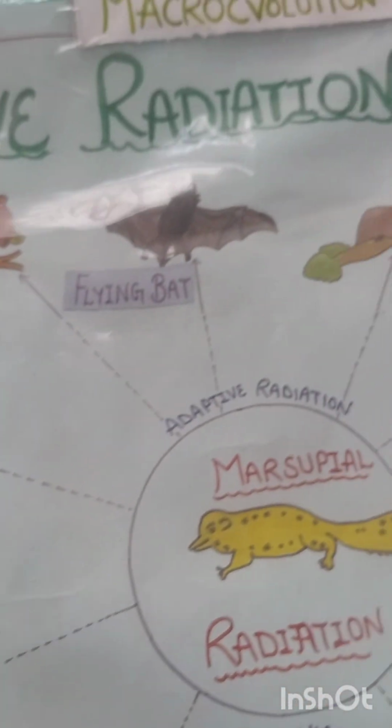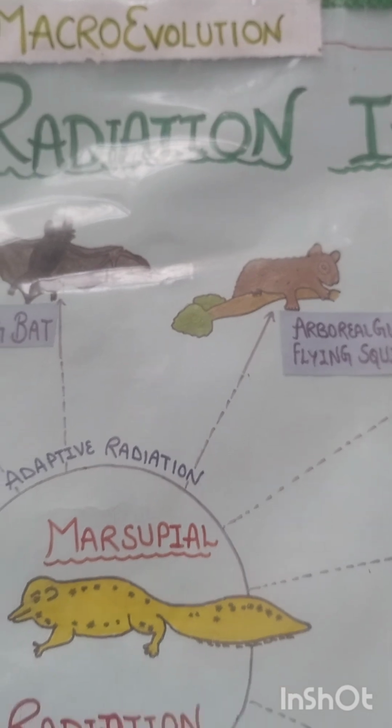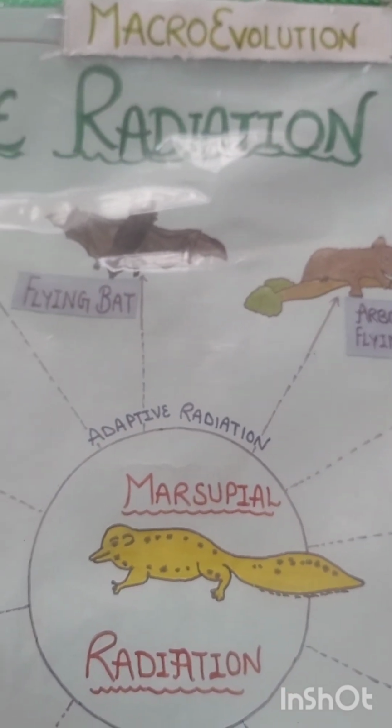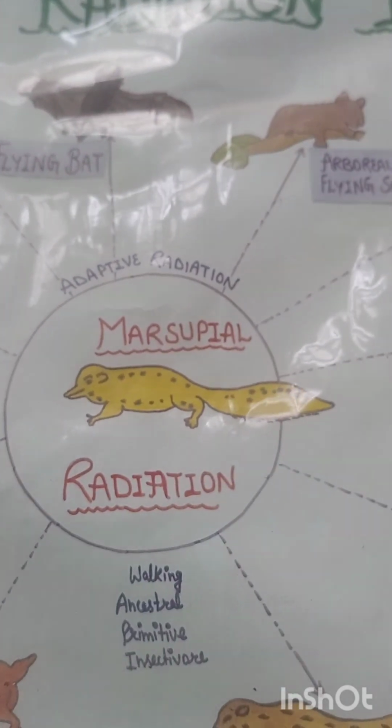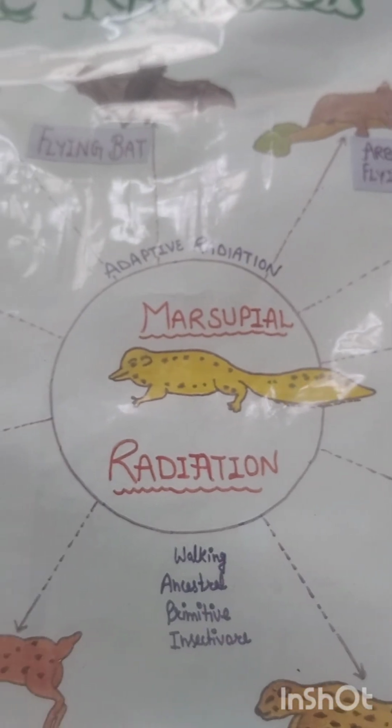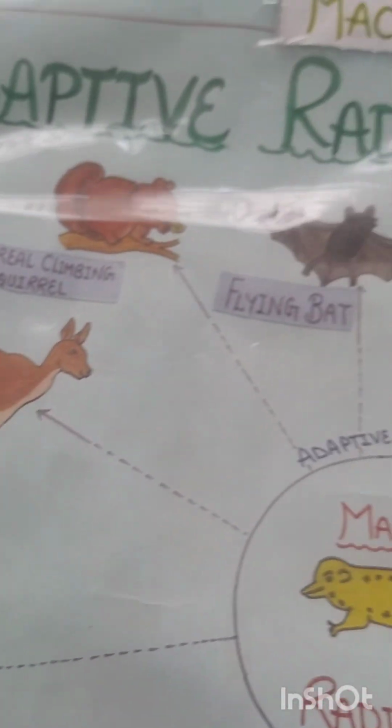Likewise, adaptive radiation is an example of macroevolution. So how the evolution takes place from the main ancestral one, and then variation takes place and several varieties are formed like this.